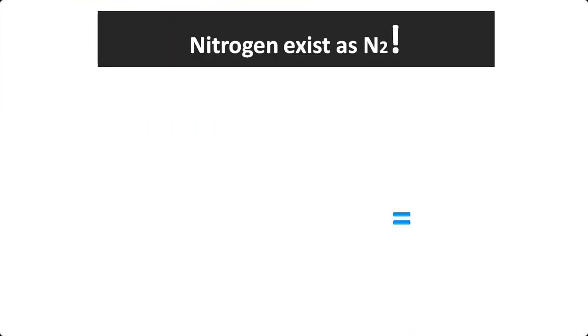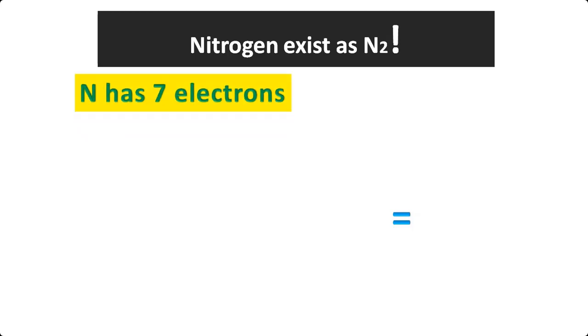Nitrogen is a gas and it exists in nature as a nitrogen molecule. Nitrogen has 7 electrons, which means the first shell has 2 electrons and the second shell has 5 electrons, so it has 5 electrons in its outer shell. The number of electrons needed to become a stable outer shell is 3.